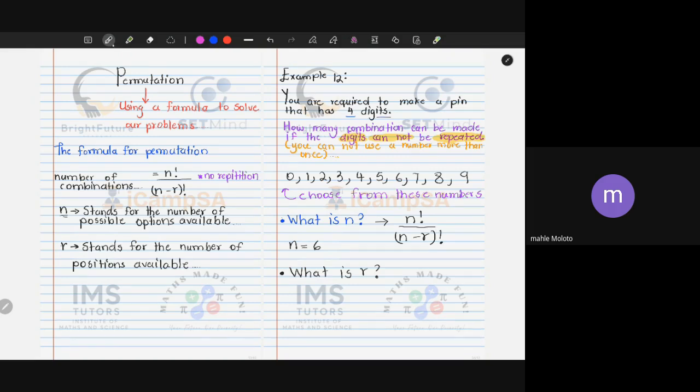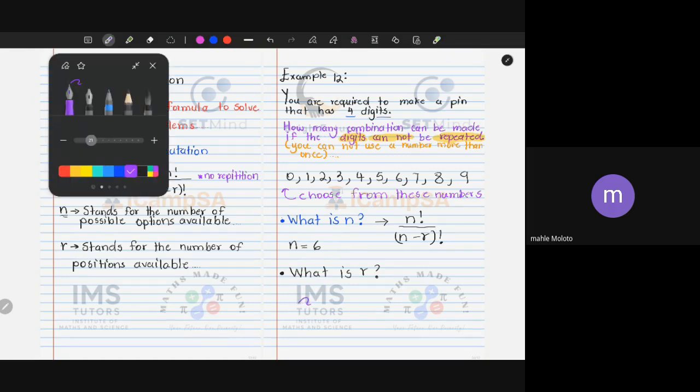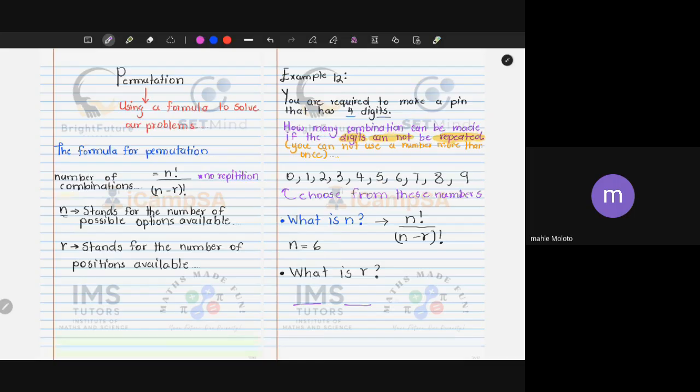What we are trying to do is to form a 4-digit number, 1, 2, 3, 4. So do you see that our R will be 4? Because we have 4 positions, due to needing 4 digits.